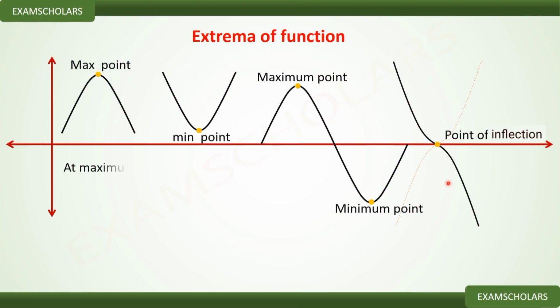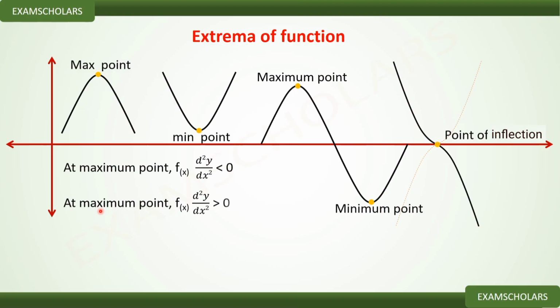At maximum point, when you want to find all these maximum points, maximum values, you just need to do a test. You need to find the higher derivative of the function. At maximum point, d²y/dx² is less than 0. When you put the function of x, the second derivative of the slope will be less than 0. I will explain this.